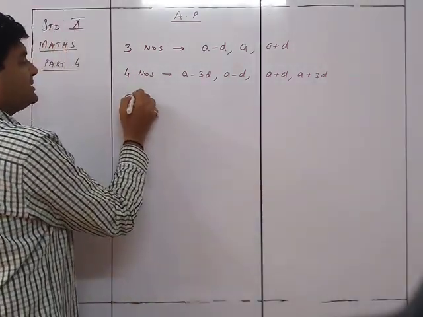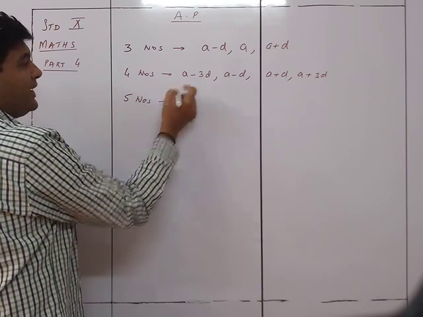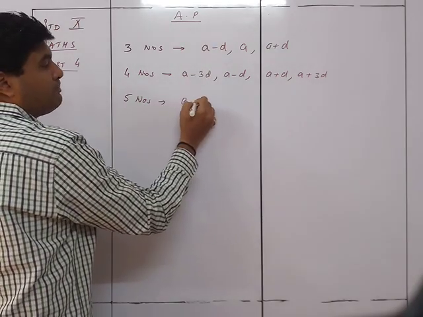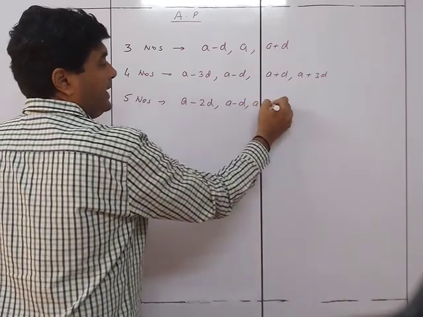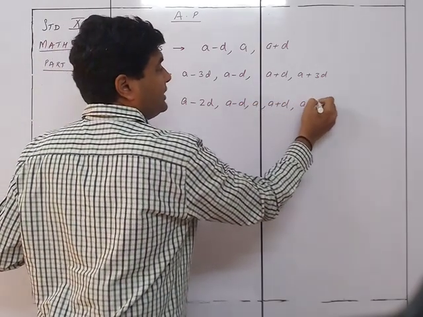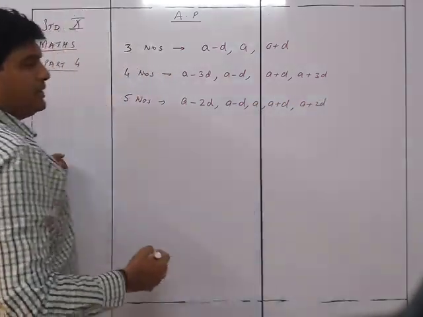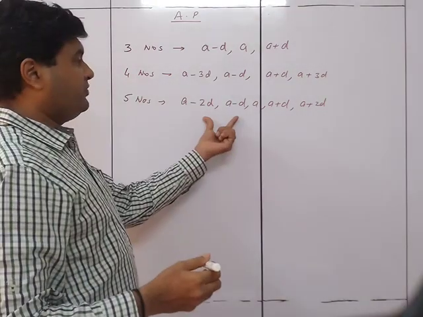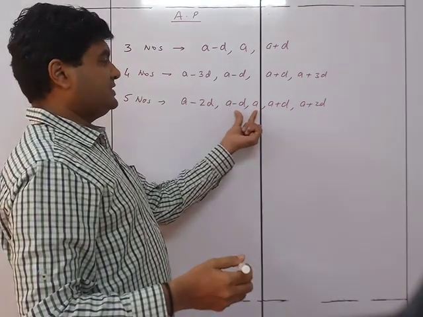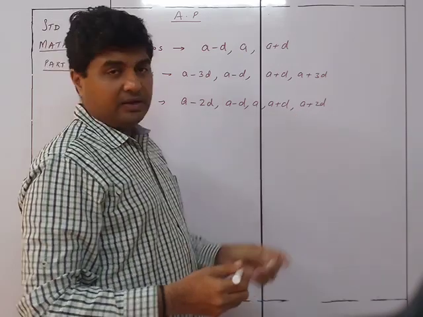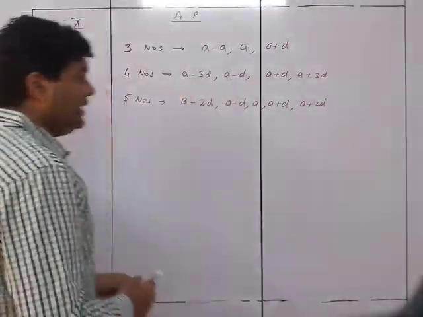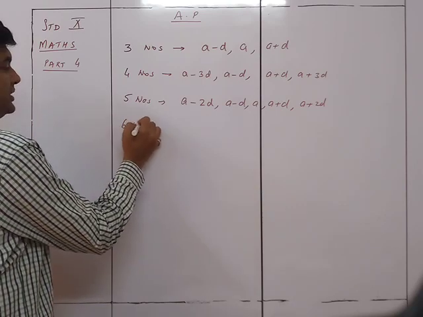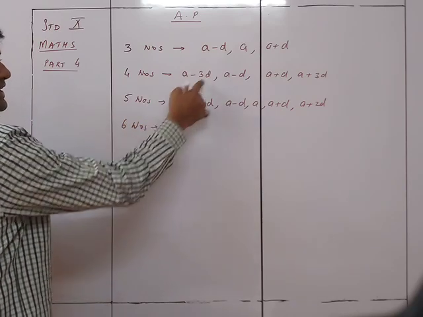Similarly, if the numbers are 5, then it will be a minus 2d, a minus d, a, a plus d, a plus 2d. So this will be much simpler. Directly the difference between this is d, between this is d, this is d, this is d. So if it is 5 consecutive numbers, it will be this way. And finally, if there are 6 numbers, then you just extend this part.